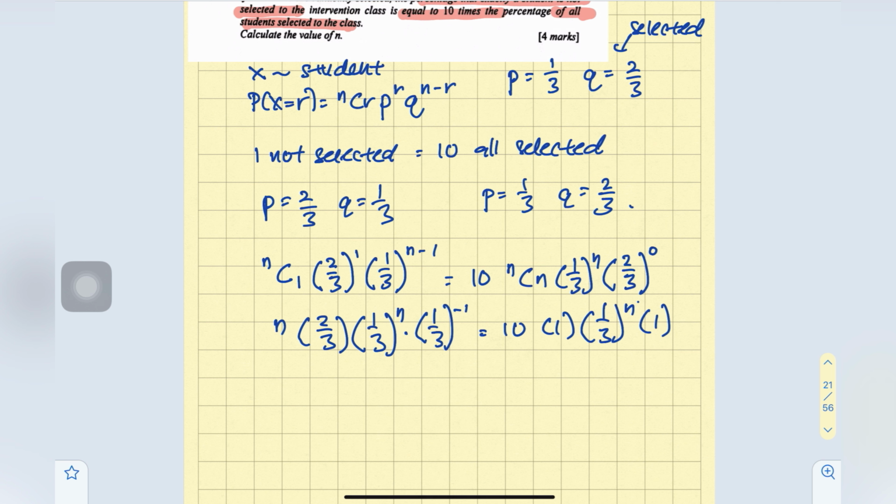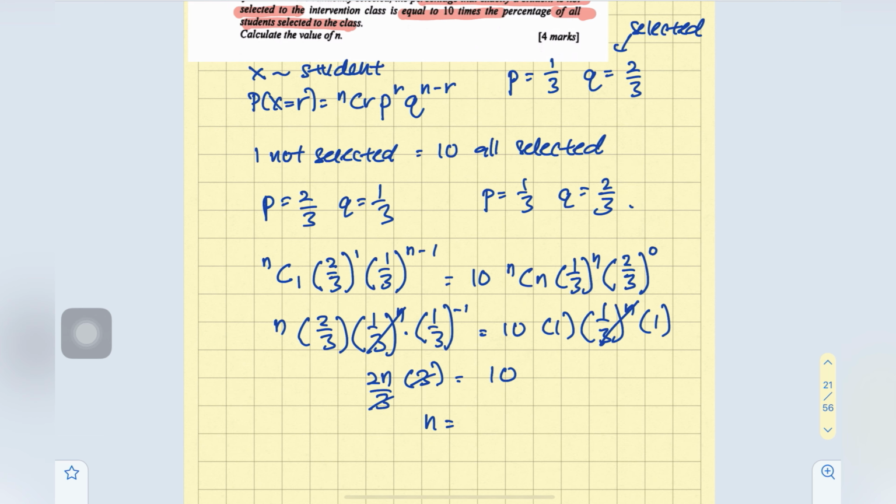So we can simplify. We get 2n over 3, and 1 over 3 to the power of negative 1 is 3, equals 10. So simplifying, n equals 10 over 2, which is 5.